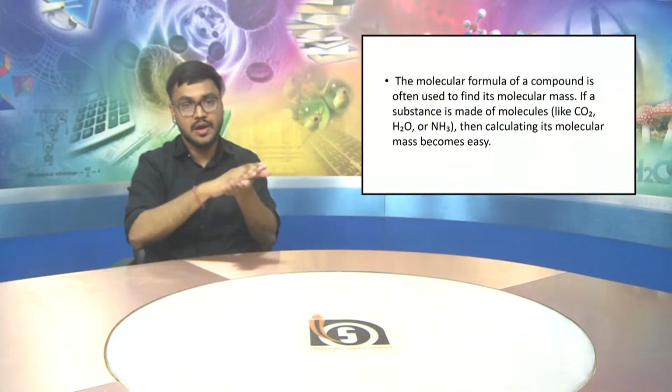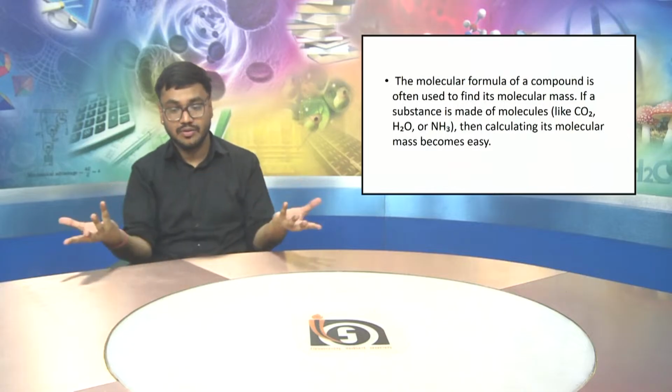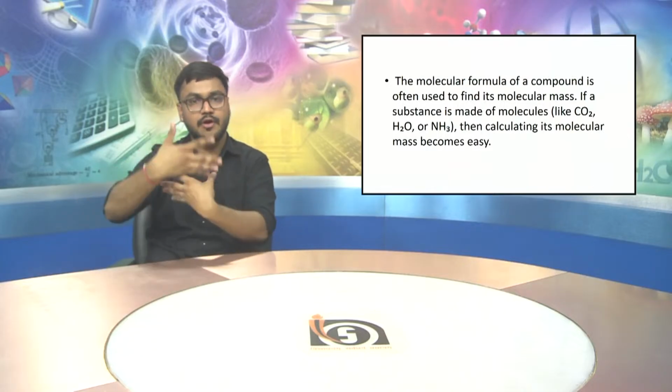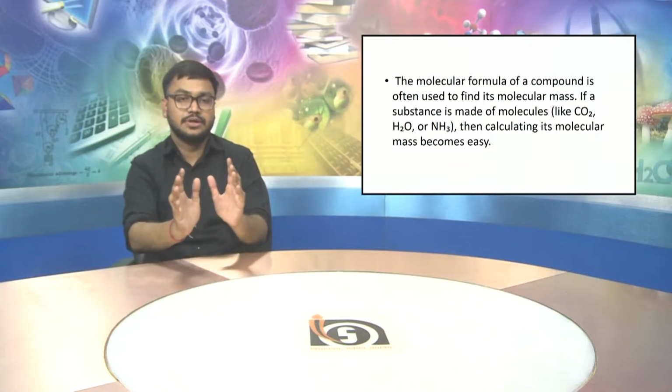If a substance is made of molecules like CO2, H2O or NH3, then calculating its molecular mass becomes easy.